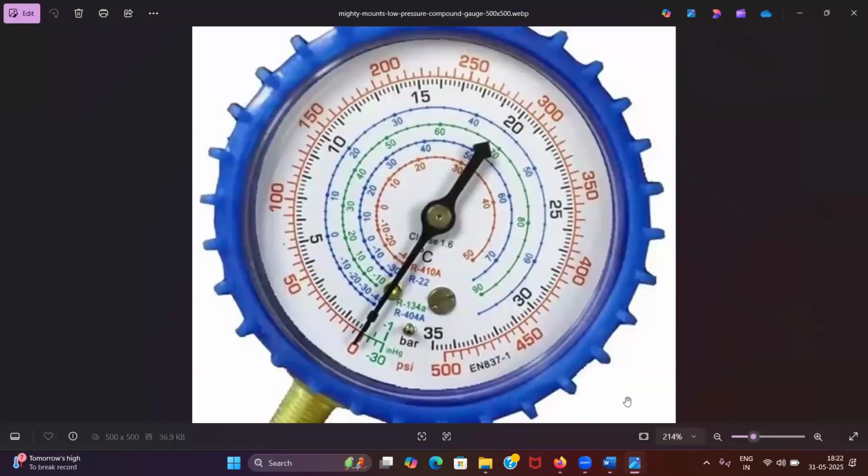Normally I don't think you are checking all those things, but from next time onwards, whenever you go on board, every day just check how much pressure and temperature there normally is. With time, when you keep checking this, you will remember that around this much is my suction pressure or my discharge pressure. For example, my discharge pressure is 15 bar. So corresponding to that, how much temperature will be?